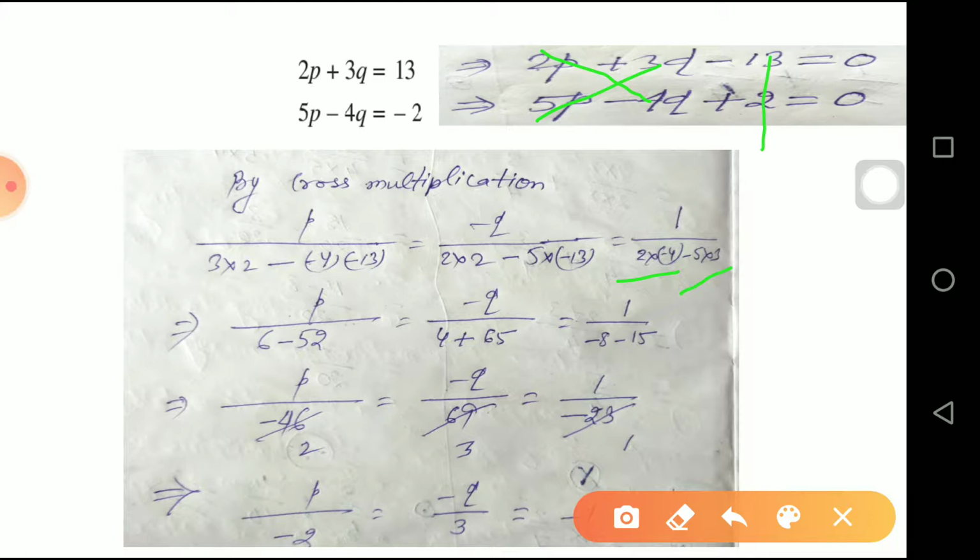And the second step is p by 3 into 2, 6, minus 4 into minus 13, that is 52, so 6 minus 52. Then after solving this step, p by minus 46, minus q by 69, equal to 1 by minus 23.